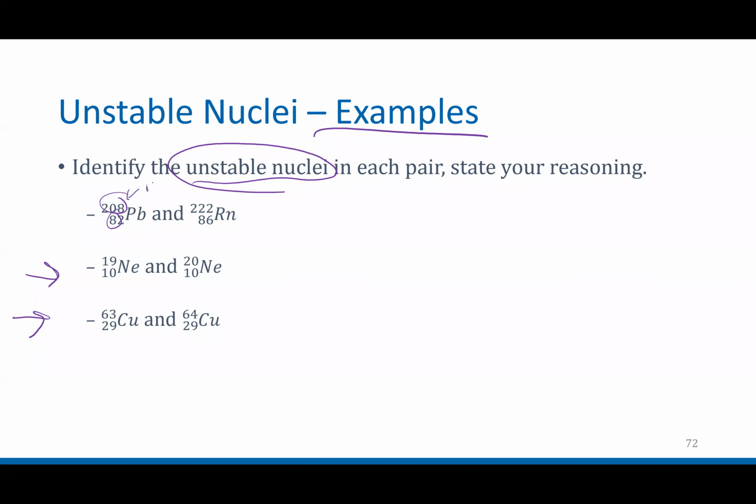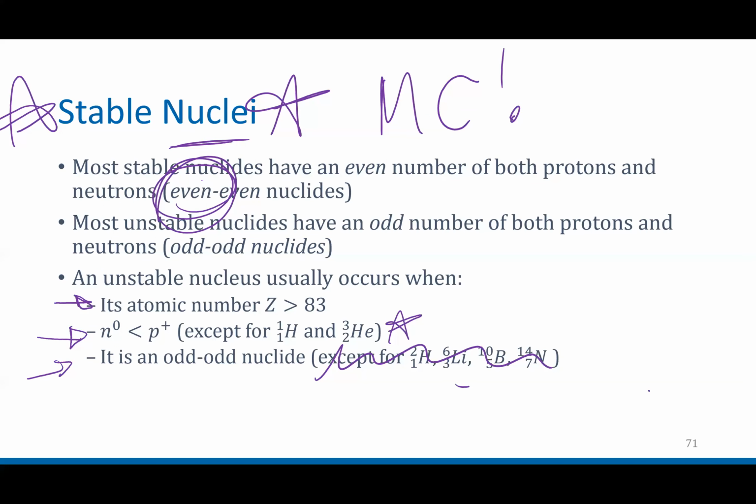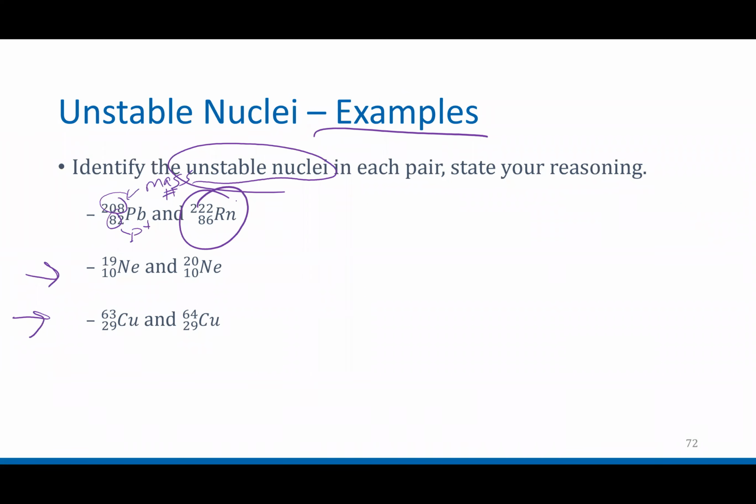Remember, the 208 is our mass number, and the 82 is our number of protons. Now, reading the rules, if the number of protons, Z, is over 83, like this one, it is not stable. So my answer to this question would be, this is called radon. And the reason this is unstable is Z, my number of protons, is bigger than 83.